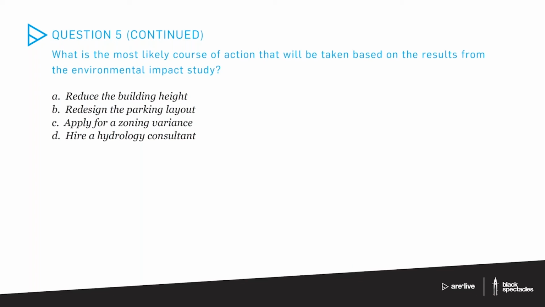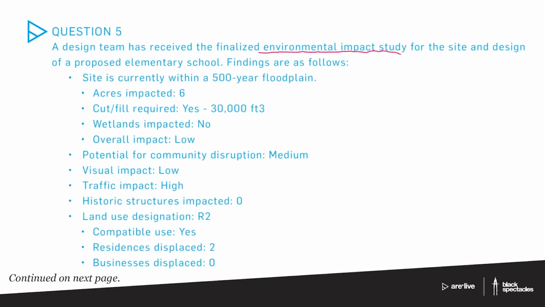So with that base information, let's read through the whole question so we're familiar with the findings of this particular environmental impact study. And then we'll think about if any of the information found here is going to lead us to a correct or incorrect answer. So we've got the site is currently within a 100-year floodplain.